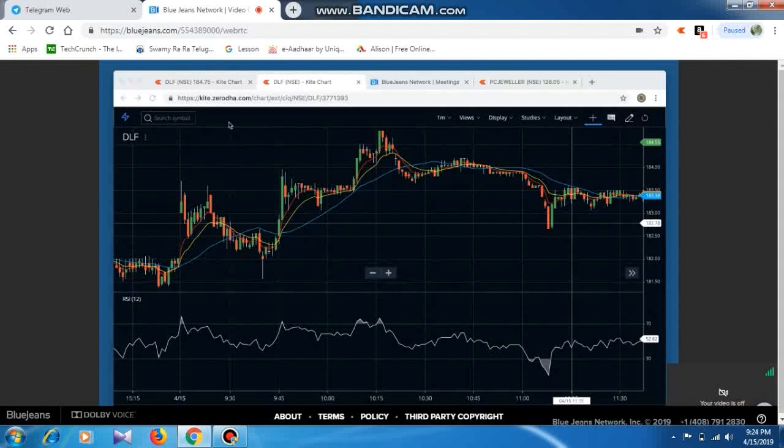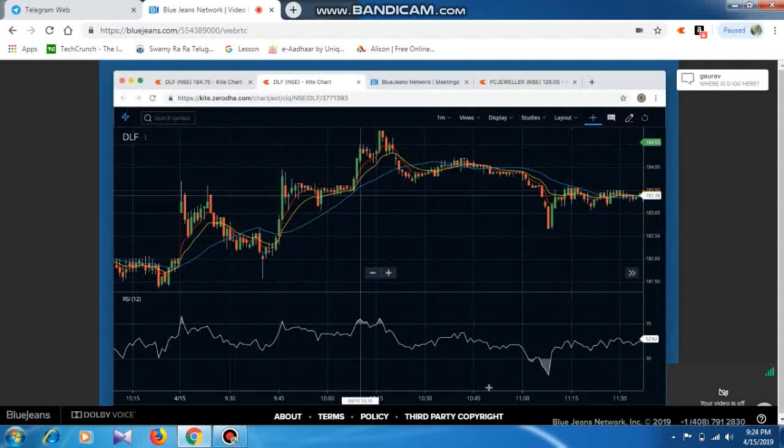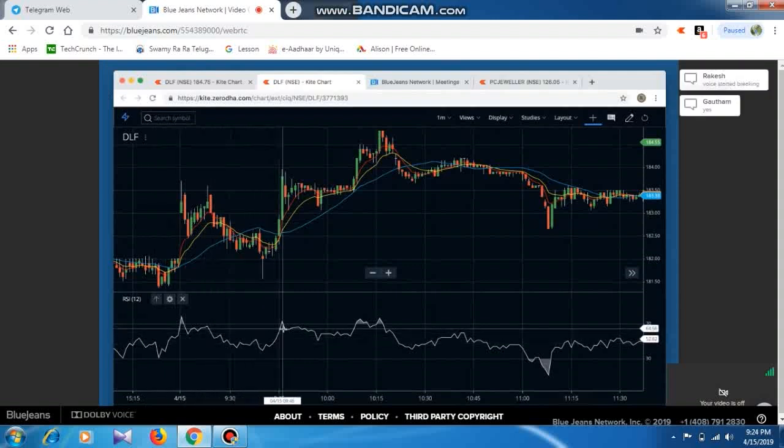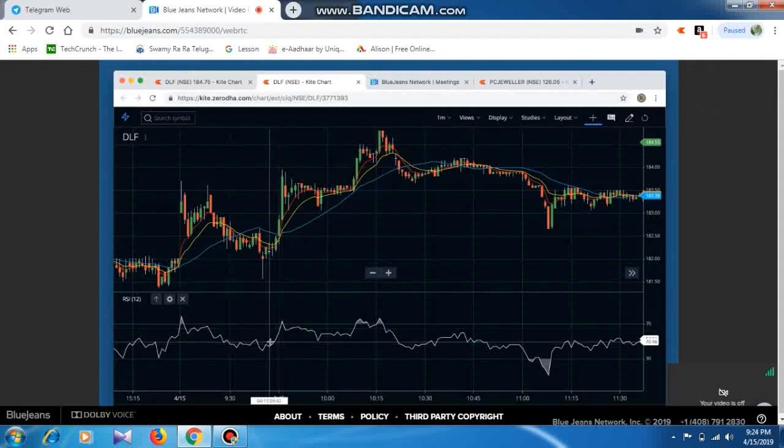So I'll show the chart, and here you can see the RSI value is going up and down. Whenever the RSI value nearly touches 70 and starts coming back, you should check the EMA lines.